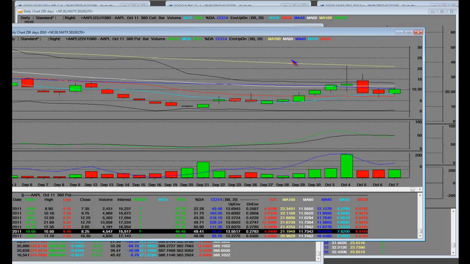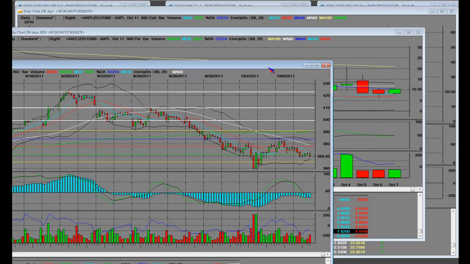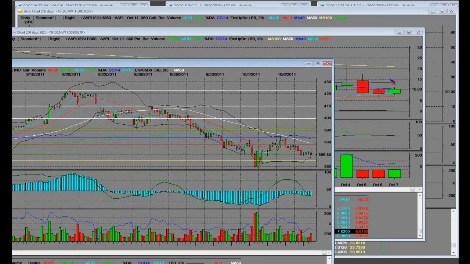So this put lost that much premium that quickly when things were moving over here on 10/4 and I was breaking out on a 60-minute level. That's that reversal right here. That's your reversal on the 360 put.